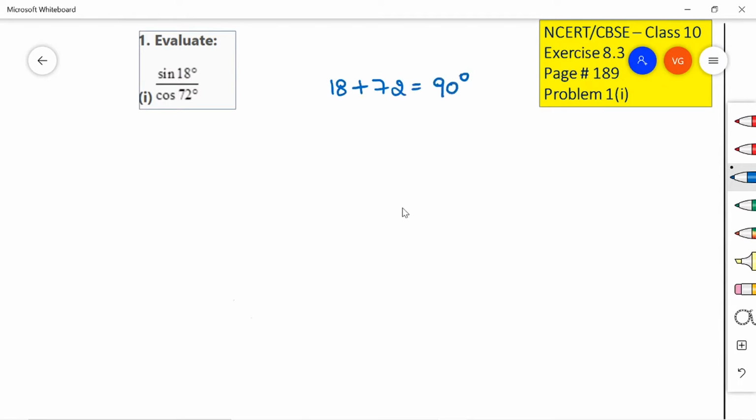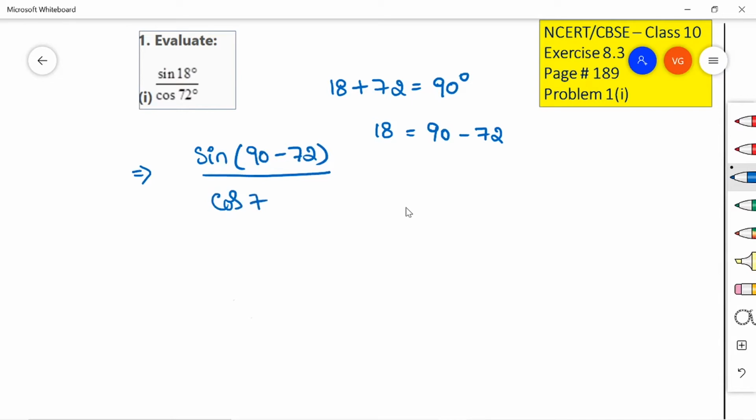So either in the numerator or the denominator we need to convert such that both numerator and denominator have the same angle. Suppose here 18 we can write as 90 minus 72. So in the numerator I am replacing 18 as 90 minus 72, divided by cos 72.